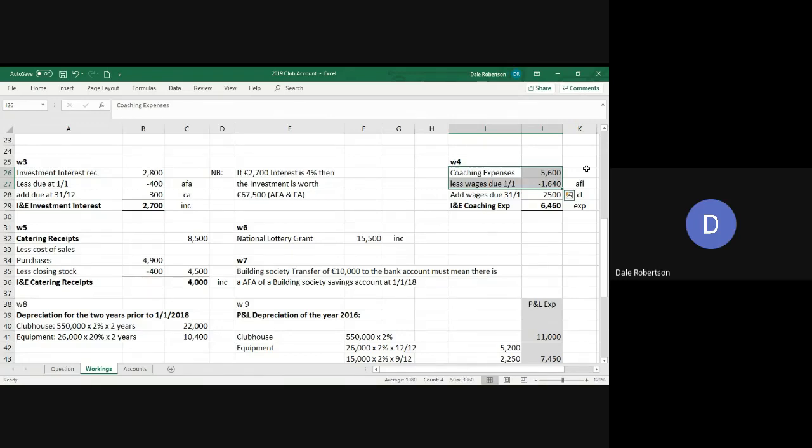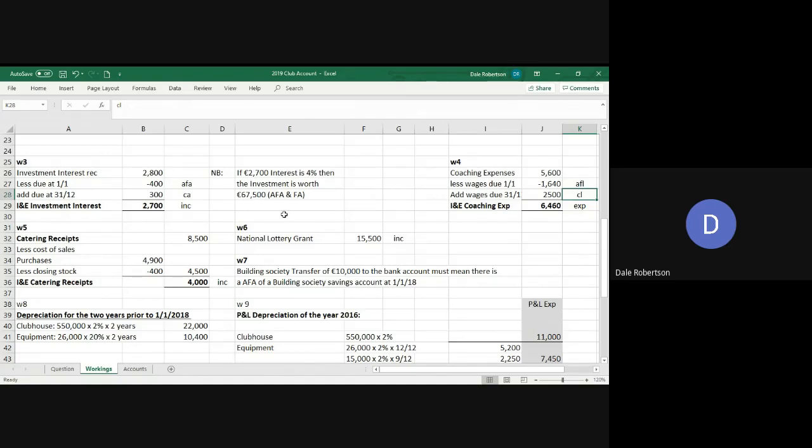And we take away those wages due because they were owed for last year's work, not this year. But then it also says to provide for another 2,500 wages due at the end of this year. So therefore we add on that amount due. And if you do this process here, you'll find that your actual coaching expenses are 6,460. This is your expense, and you have wages due at the start of the year, which is an AFL, accumulated fund liability, and wages due at the end of the year, the current.